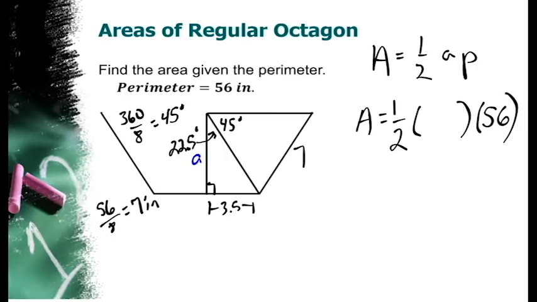To find that apothem, we need to use a little bit of trigonometry. Being that our angle at the top here is not a 30, 60, or 45 degree angle, we're stuck using trigonometry. So we're going to think back to SOHCAHTOA.